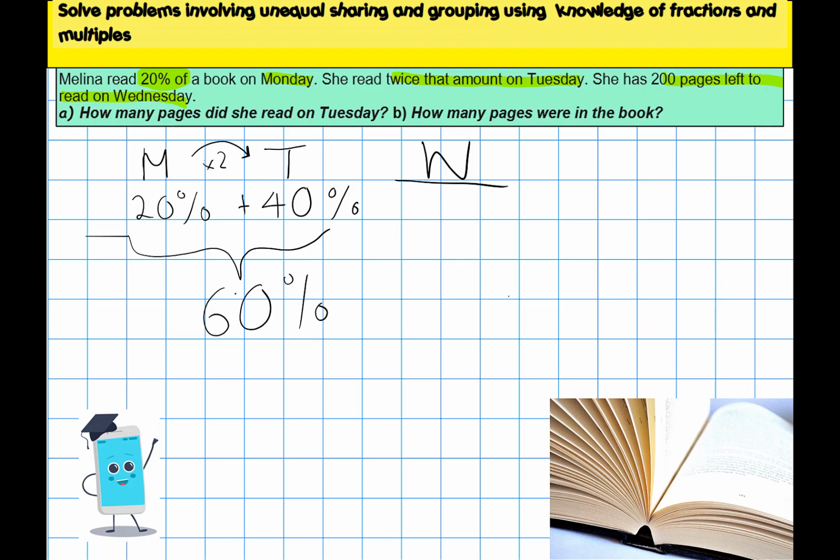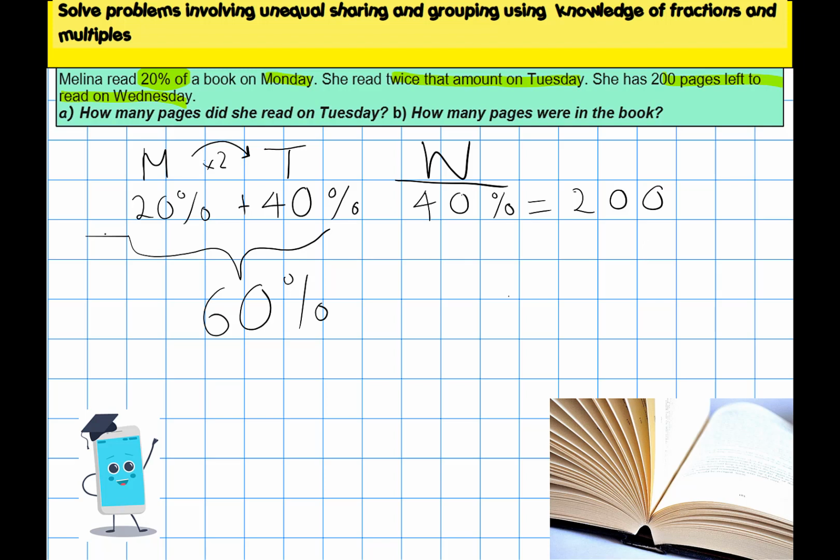So if she'd read 60%, then we know on Wednesday she has 40% left. So we know that 40% equals 200. If I know that 40% equals 200, then I know that Tuesday, which was also 40%, is 200.